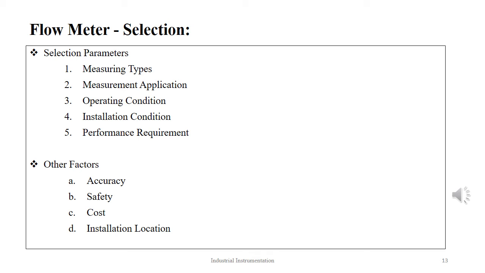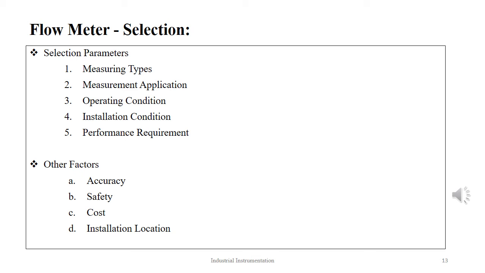The operating conditions also play a vital role in selection of flow meters, like temperature, pressure loss, range, ability. All these factors play a considerable part. The installation condition, like bore or upstream or downstream, piping work or explosion proof, also has a good say in the selection of flow meters.